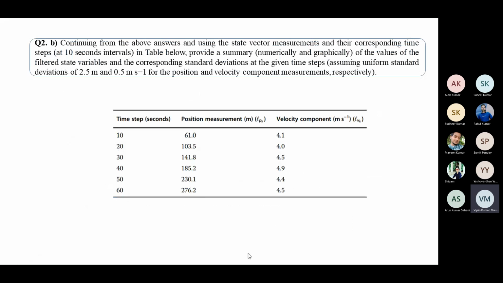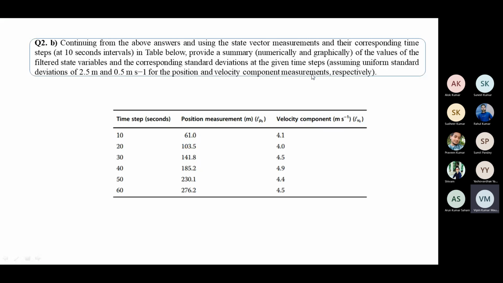Now let's look at question 2b. It is continuing from the above answers and using the state vector measurements and their corresponding time steps at 10-second intervals. In the table below, provide a summary of the values of the filtered state variables and corresponding standard deviations. Means now they are asking for the values that you are getting after correcting or predicting.